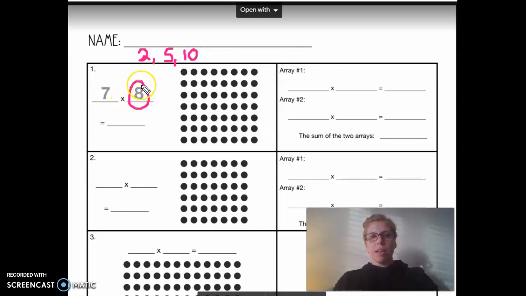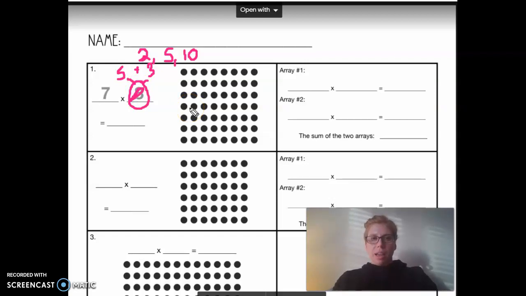So I have the number 8 here. I'm going to ask myself, well, what if I made 8 into two number bonds, made one of them 5? What can I make the other one into? 5 plus what equals 8? 3. So I just split 8 into 5 plus 3, make two number bonds. So I'm going to kind of cross out 8 here.